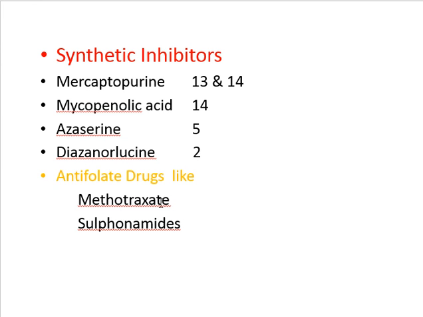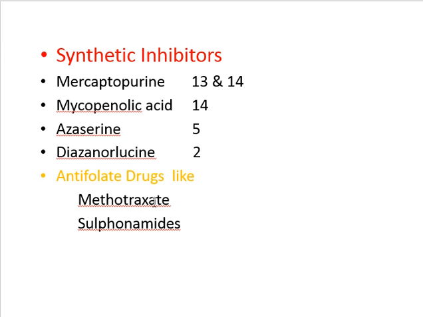The antifolate drugs, methotrexate and sulfonamides: methotrexate is the inhibitor of the dihydrofolate reductase. This enzyme converts the oxidized form of tetrahydrofolate to the reduced form of tetrahydrofolate, which is then used for the synthesis of purine nucleotides.